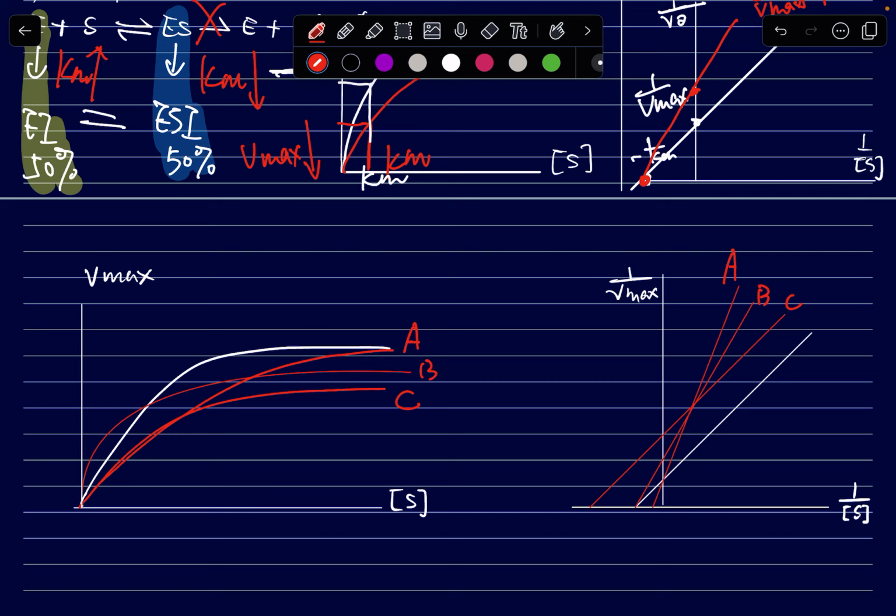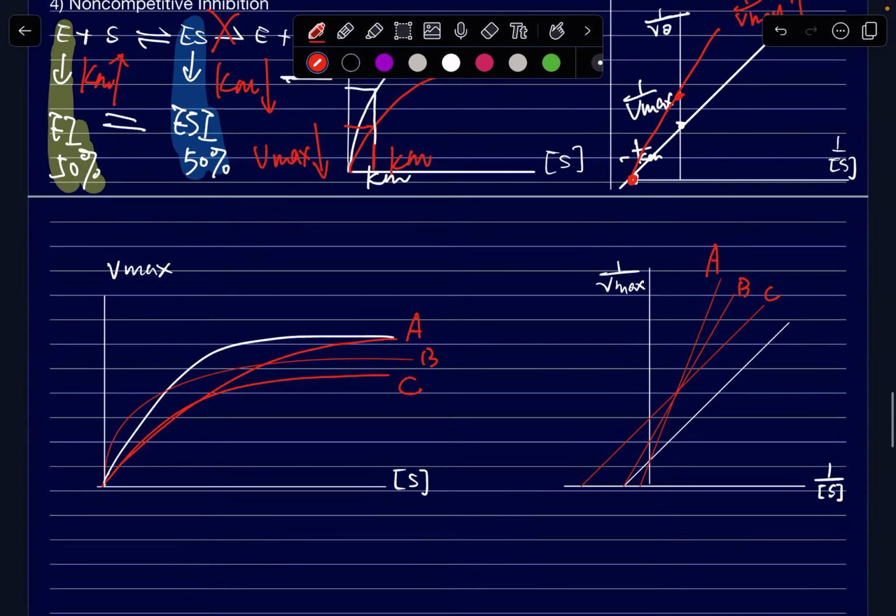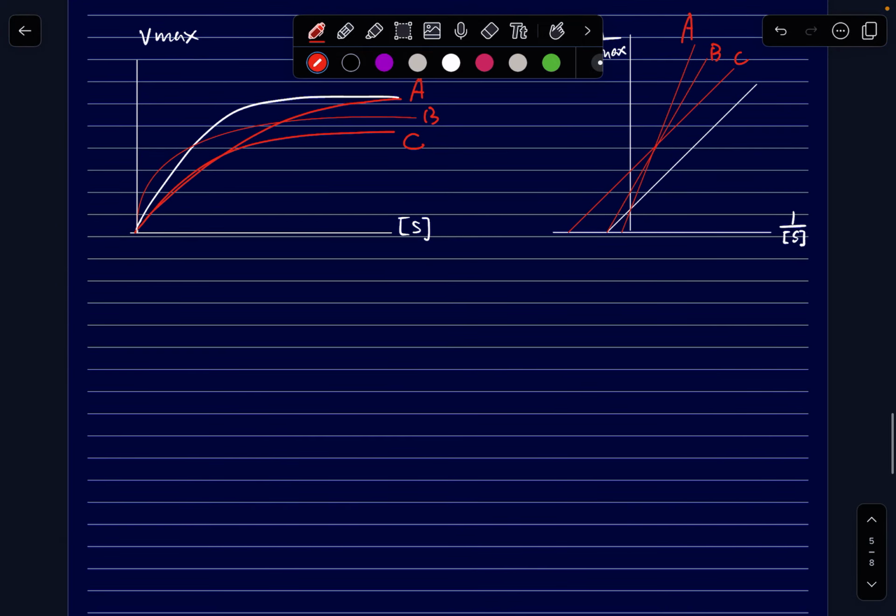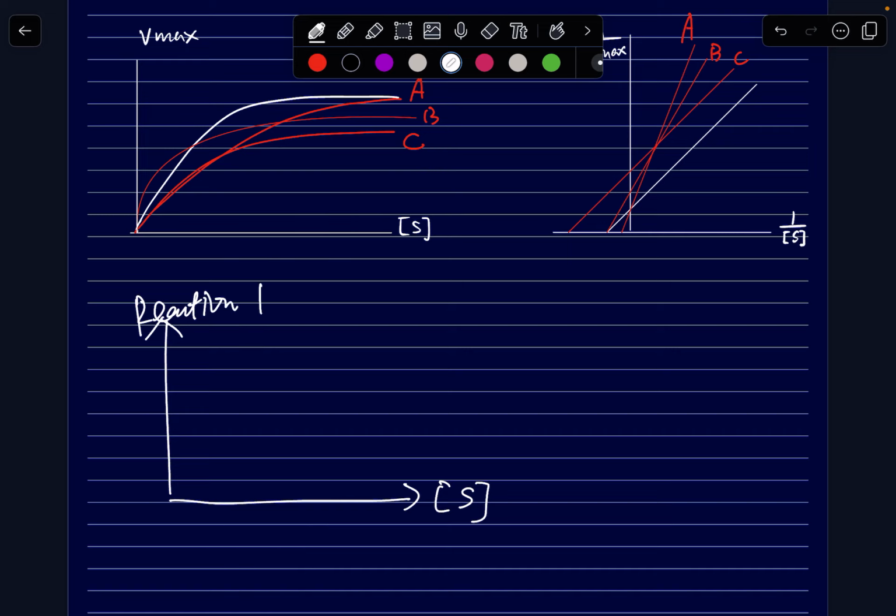All right, and then another thing I really want to touch base on is the sigmoid graph. I talked about this briefly in the part 2 enzyme video, but I actually misspoke, so I want to correct that here, okay?